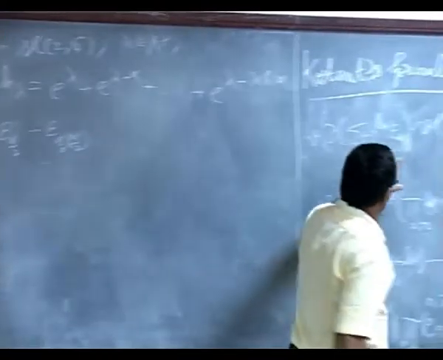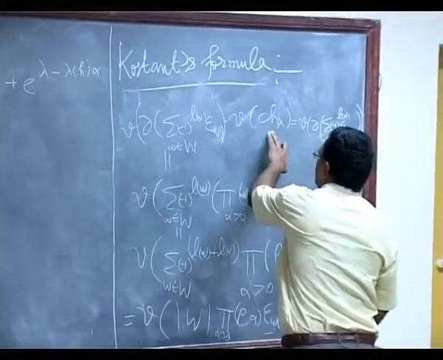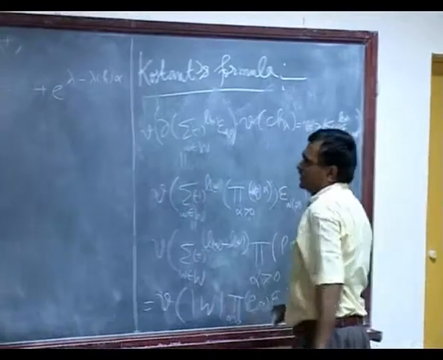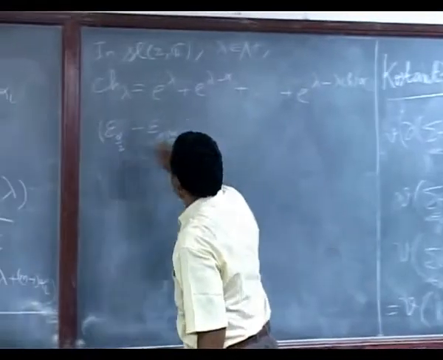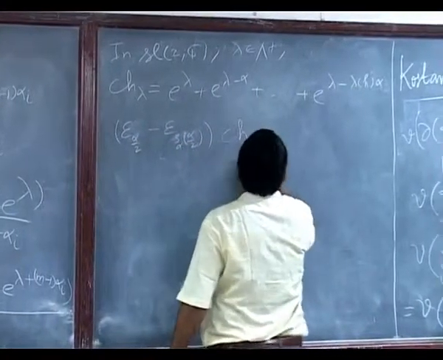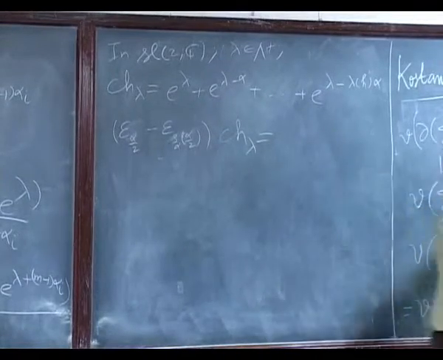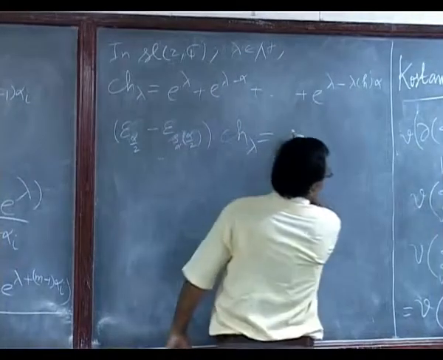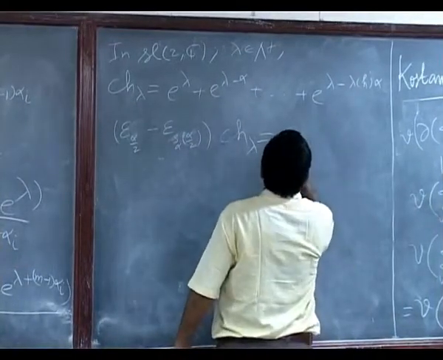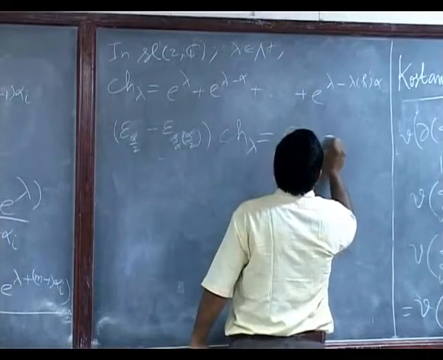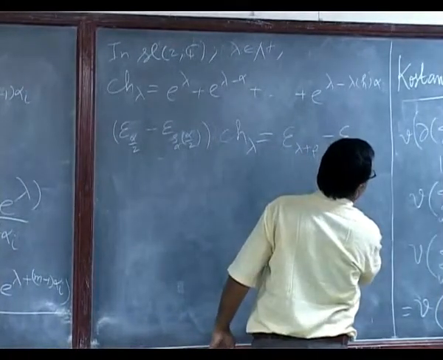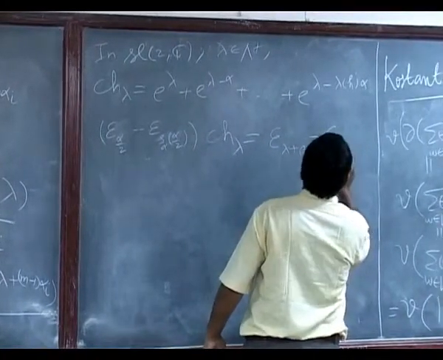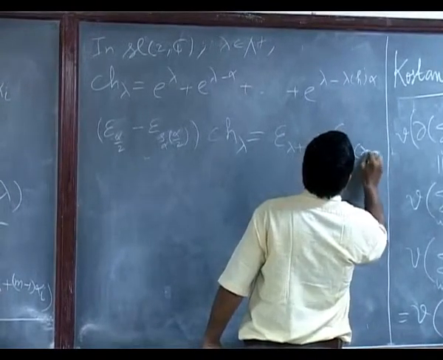This side, we have ch lambda, and this side we have this one, which is epsilon e^{lambda plus rho} minus epsilon e^{s_alpha (lambda plus rho)}.